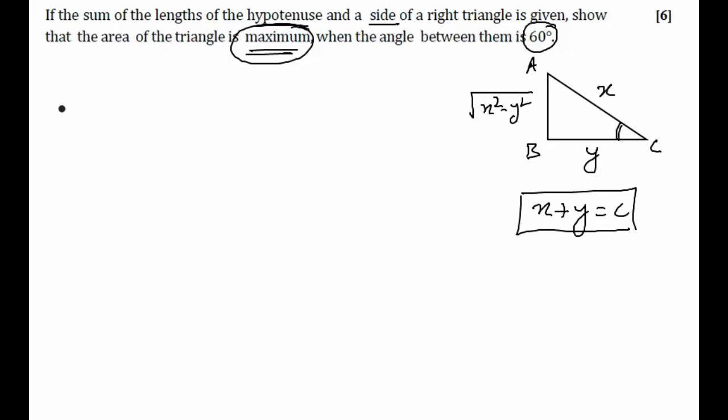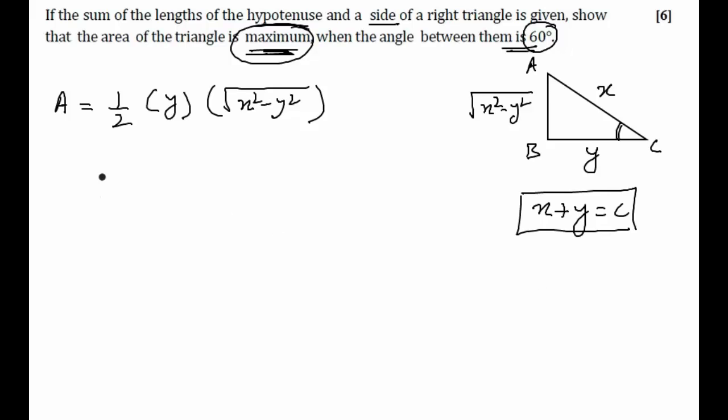Now if I have to write the equation of area, then area is half of base into height. In our case, the base is equal to y and the height is equal to under root of x square minus y square. So I have to maximize the area and see what angle do I get.